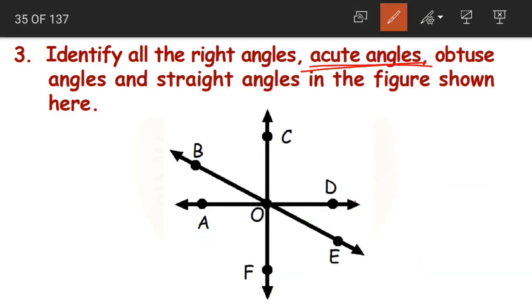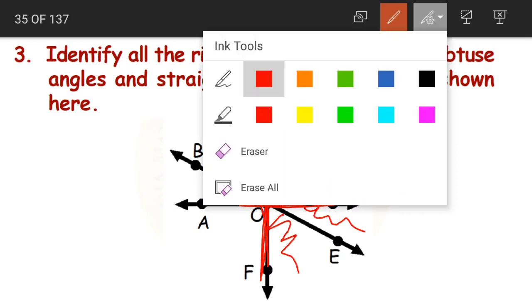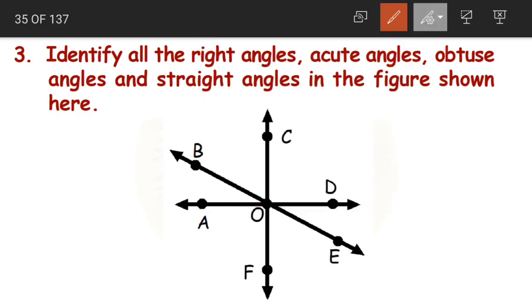Now coming to acute angles. Again, acute angles are the smaller angles. So they come within a right angle. So this is our right angle, right? So within this right angle we are having 2 smaller angles. So these will be our acute angles. What are they?